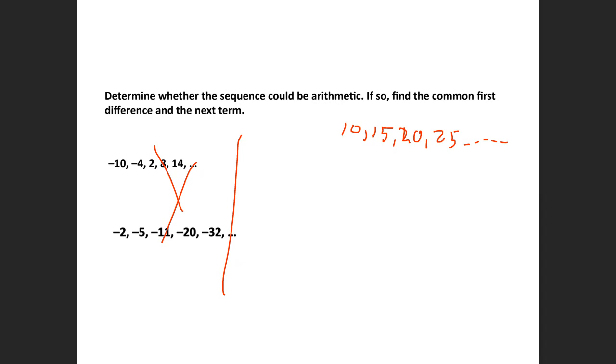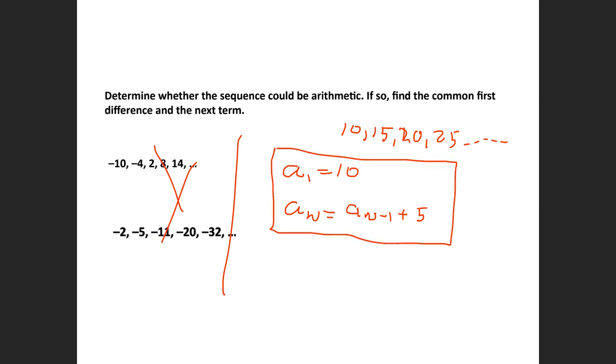First thing you always want to do is say what the first term is. a sub 1 is equal to 10. And then my formula is going to be a sub n is equal to a sub n minus 1 plus the d value. Well, in this case, the d value is 5. So this is my recursive formula right there.